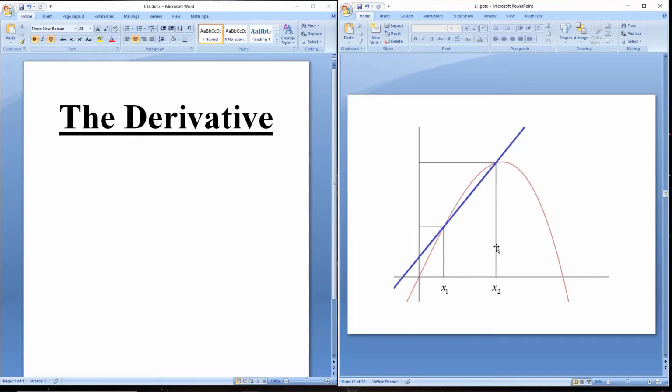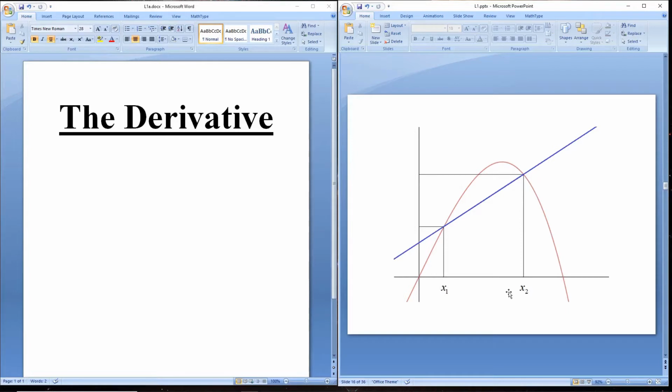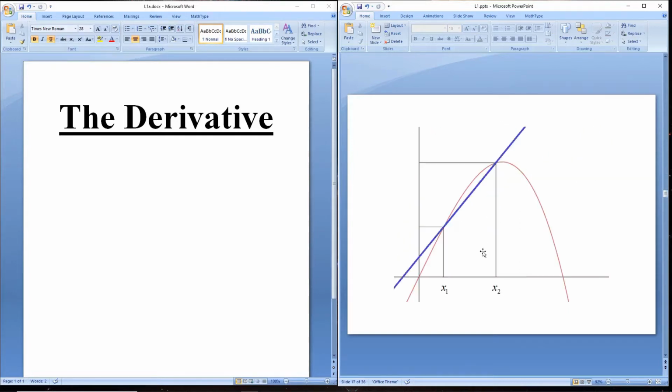So we have our secant line, which requires 2 points, and we have our tangent line, for which we only need 1 point. Let me say that again. Oh, I forgot to also mention the tangent line is also called the instantaneous change at x1.